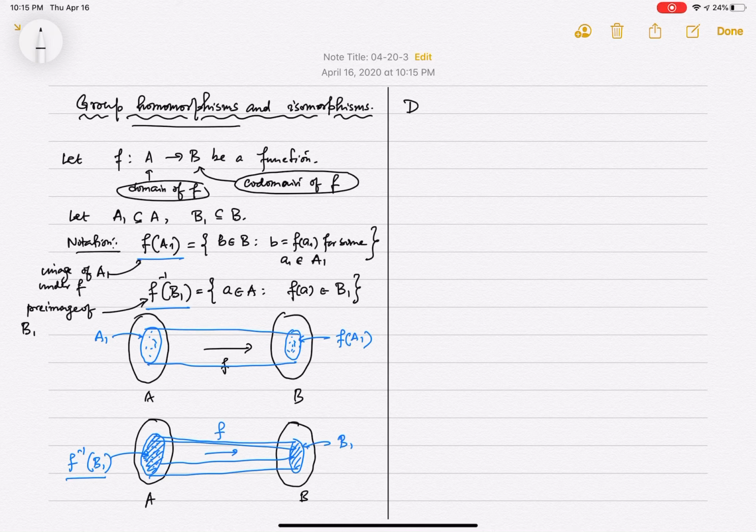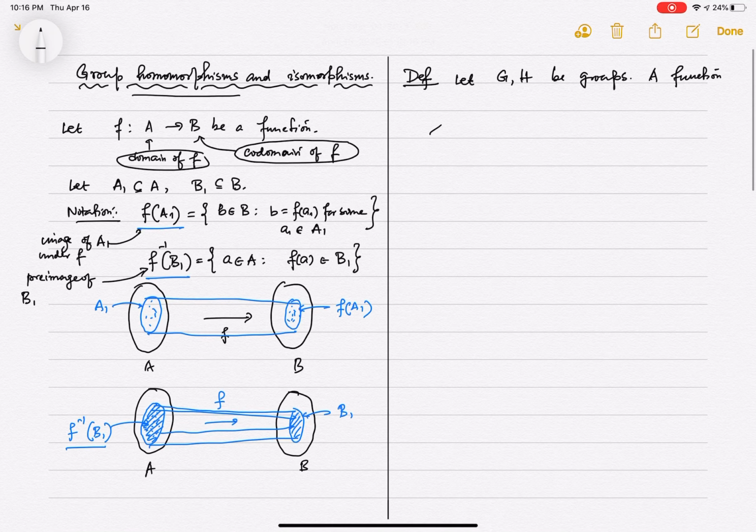Okay, so here's the definition. Let G, H be groups, a function f from G to H is called a group homomorphism if, very simply, it preserves the group structure.